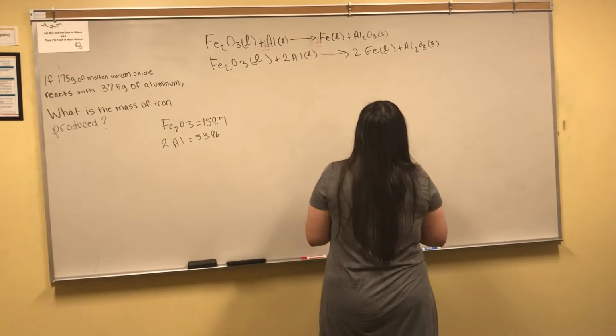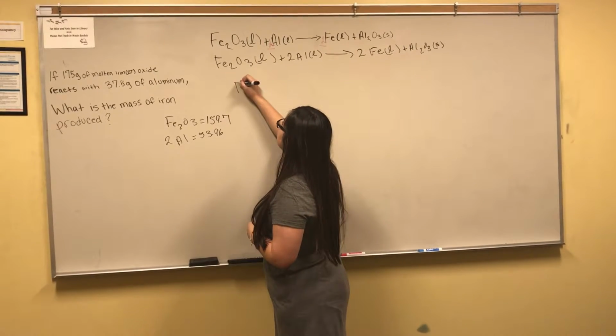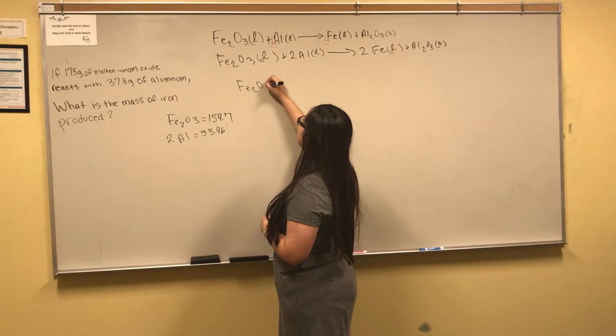Okay, so now that we have the weight for both, we have to figure out the mass of iron from Fe2O3. So we will write it: Fe2O3.